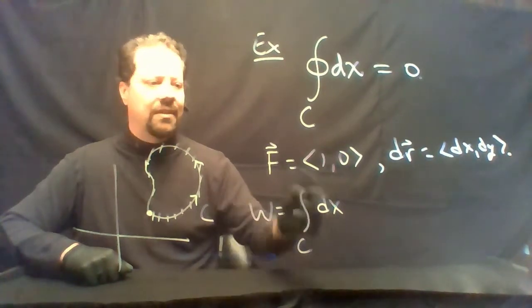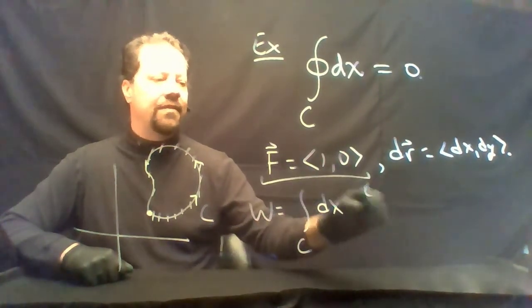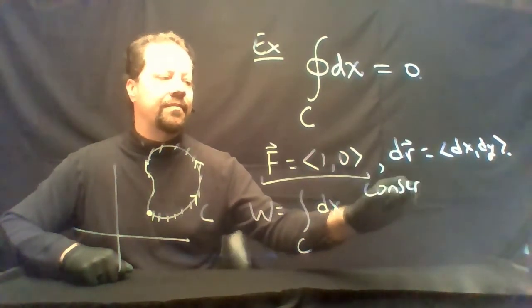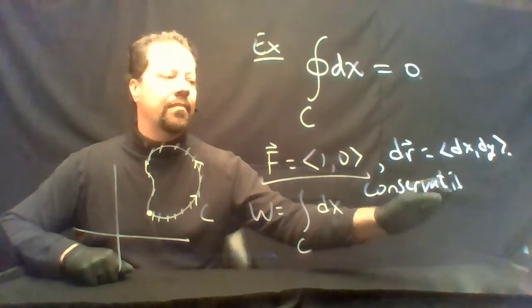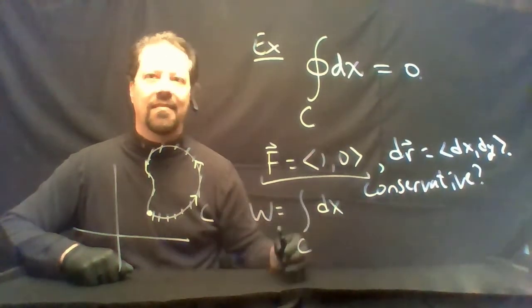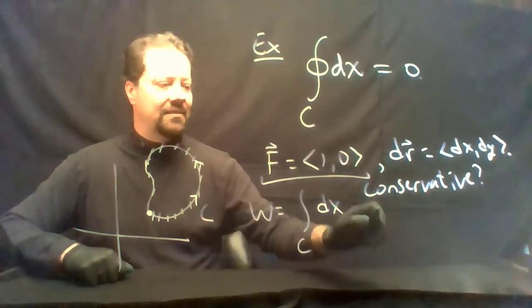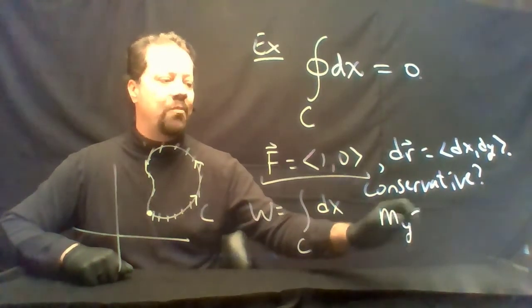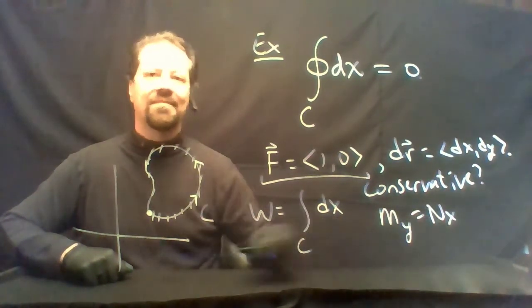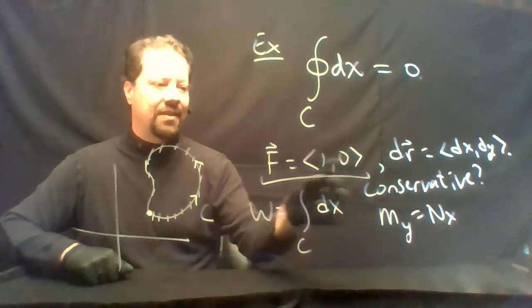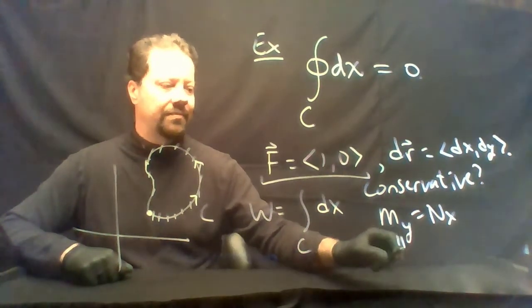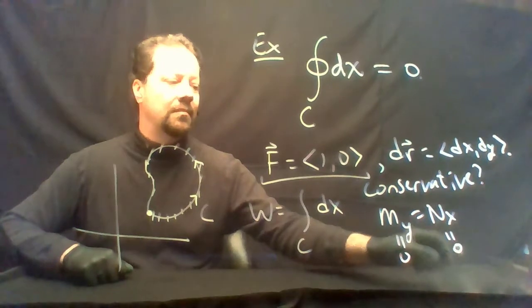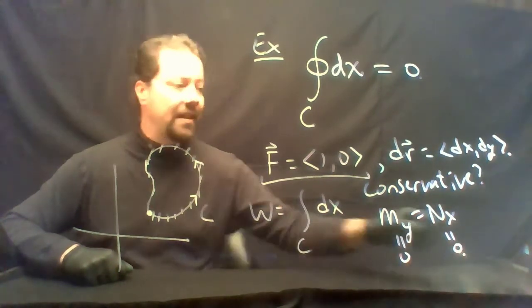But I ask you, is this vector field conservative? We can tell. The test was my equals nx. My is 0 and nx is 0. And so the answer is definitively yes.